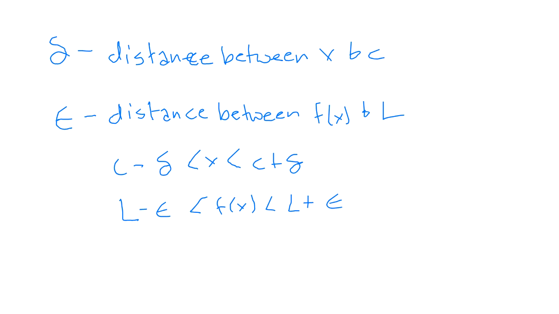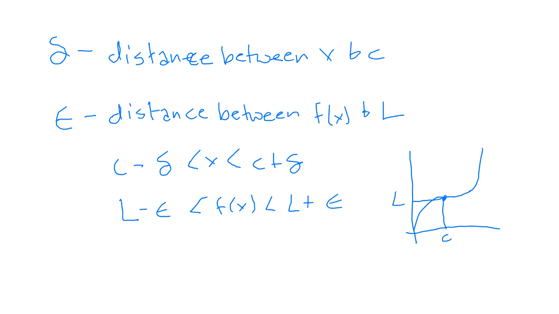So let's say we have our graph, and let's say we have a function that goes something like this. Let's say we want to find the limit at this point right here. This point is going to be our c, at x equals c, and then our f of x is going to be our limit.